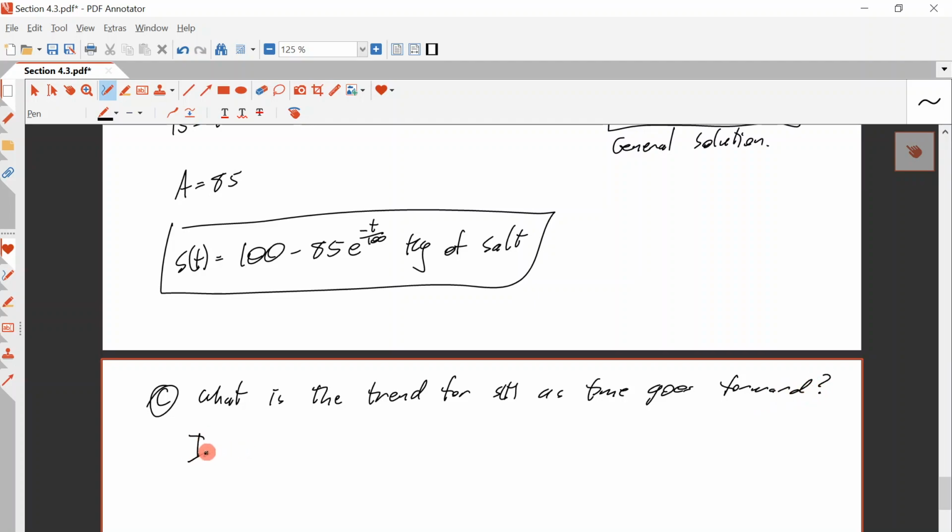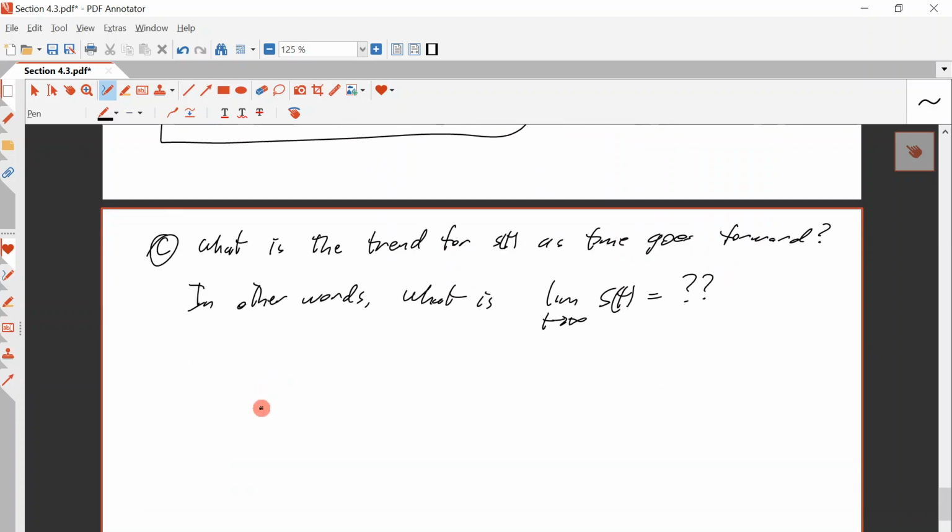Right, in other words, what is the limit as t goes to infinity of S of t? Well, it's right there. It's 100 kilograms.